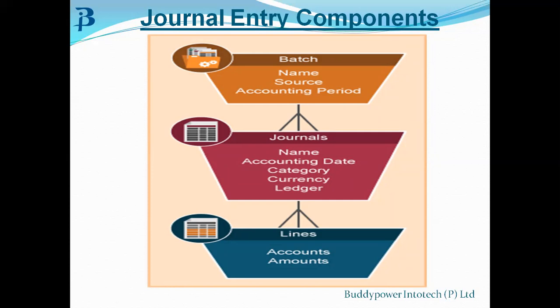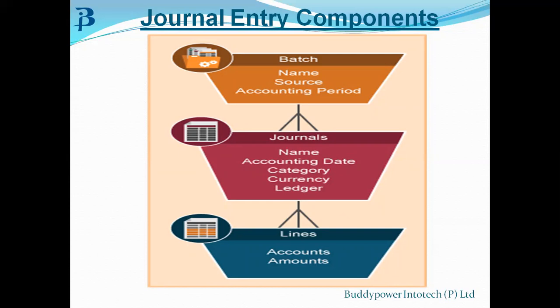You can create a journal batch for any open or future enterable accounting period, but you can only post batches in open accounting periods. You cannot post a journal entry in a closed accounting period. This is one important aspect that you need to keep in mind.